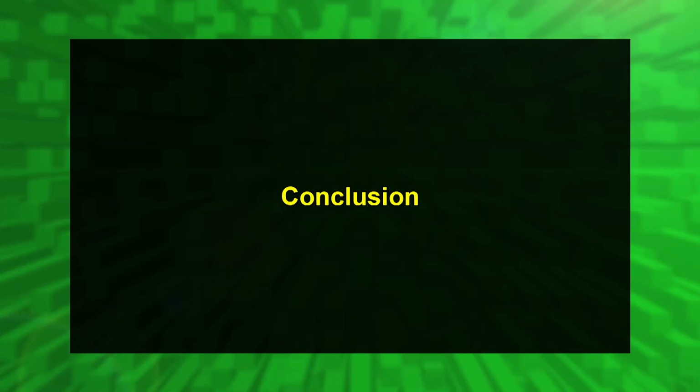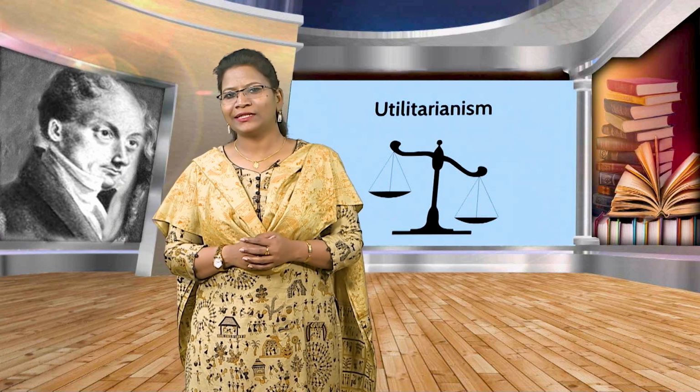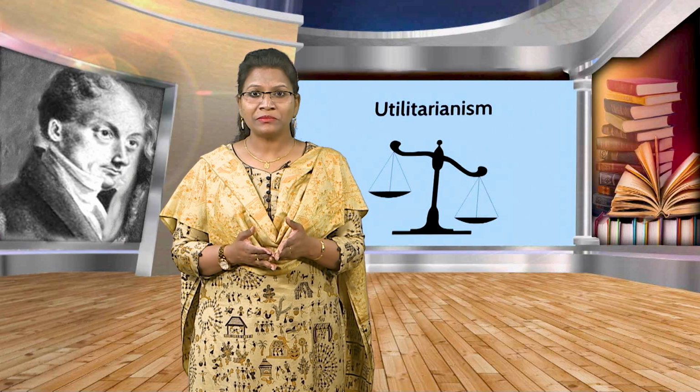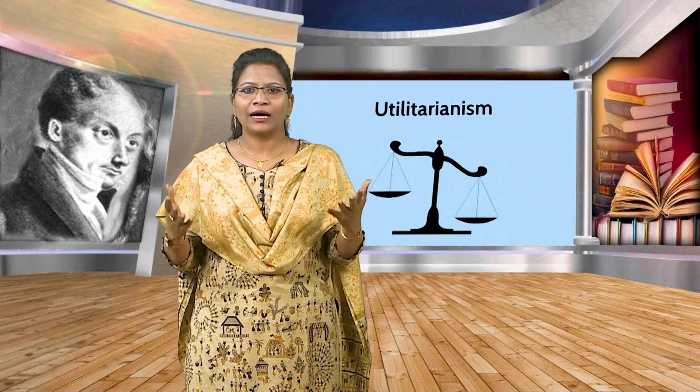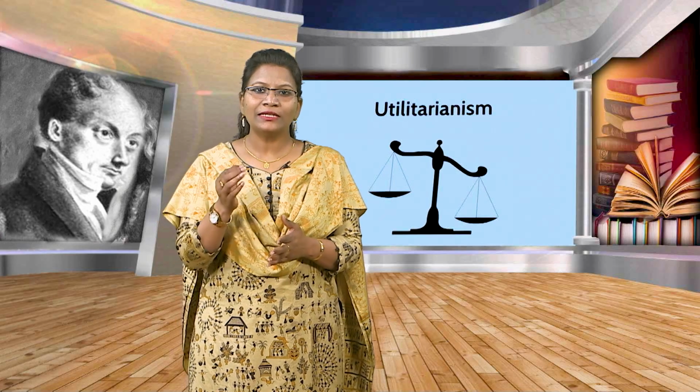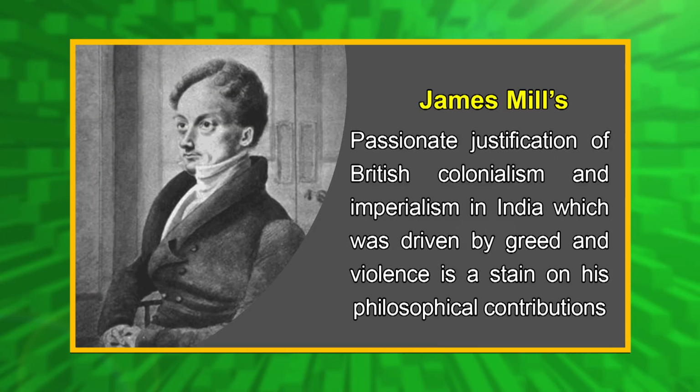In conclusion, James Mill's ideas on government, representation, freedom and merit, among others, offer rich insights which are relevant even till today. However, his passionate justification of British colonialism and imperialism in India, which was driven by greed and violence, is a stain on his philosophical contributions.